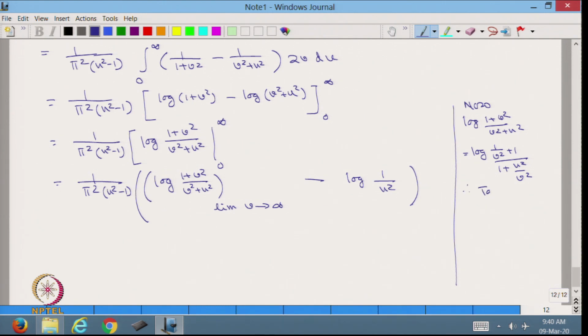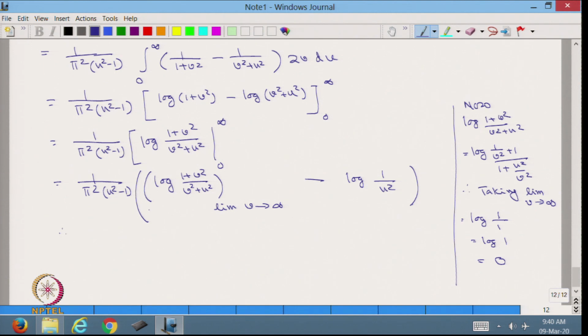Therefore, taking the limit v going to infinity, we get log of 1 upon 1, which is equal to log of 1, which is equal to 0.